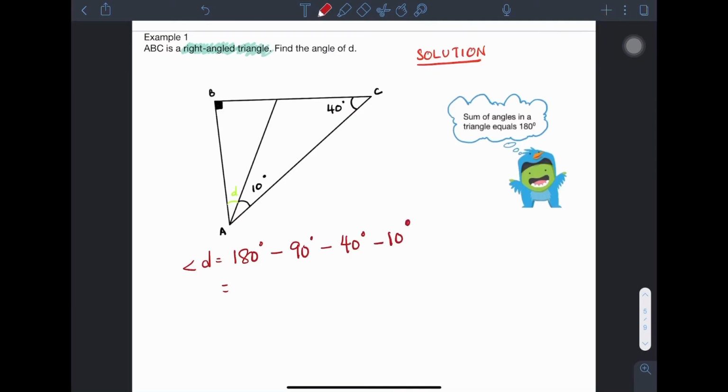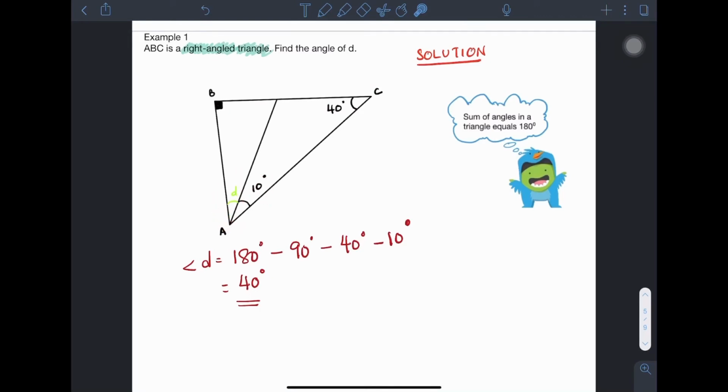Once we minus all this, we will get the angle of D. Maybe you would like to do a simple calculation by yourself first before I share the correct answer. Alright, done? So when you minus, you will get the angle of D is equal to 40 degrees. So this is the answer for example 1. It's very direct. You just take 180 minus this angle, minus this angle, and minus this angle. You will get the answer for this angle.